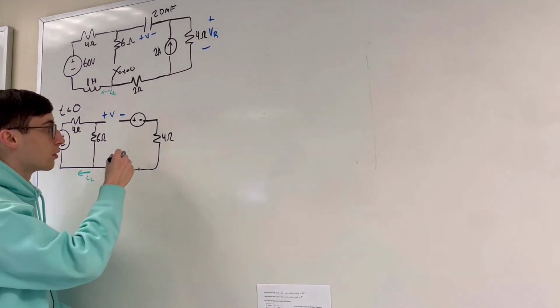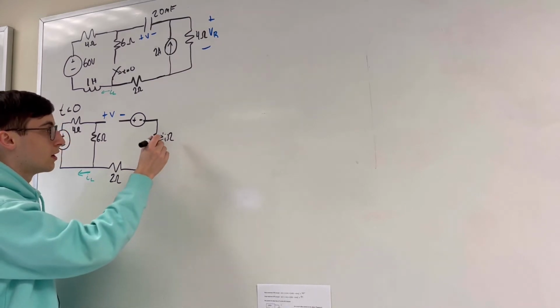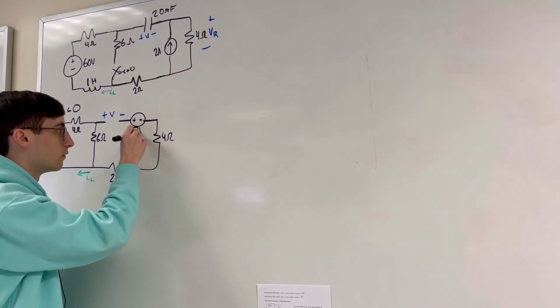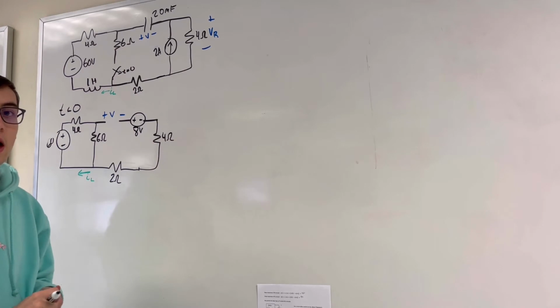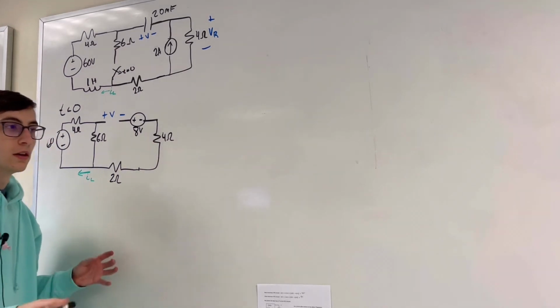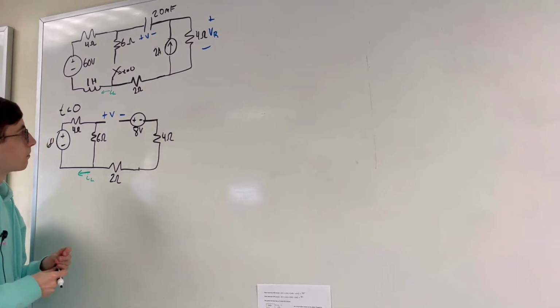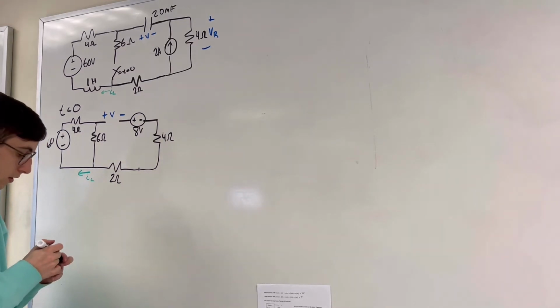It'll be our current source, which is 2 amps, times this 4 ohms, to be 8 volts. You don't have to do that. I just do that because that's how I like to solve problems, to make it as simple as I can.